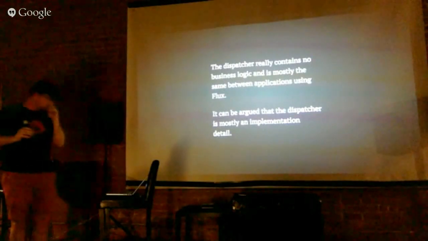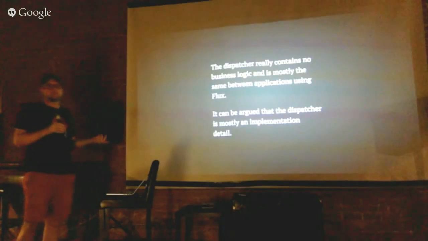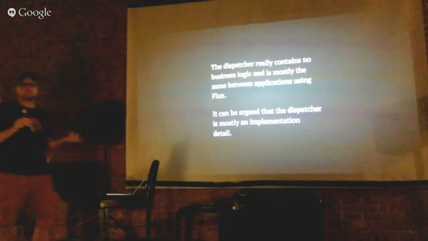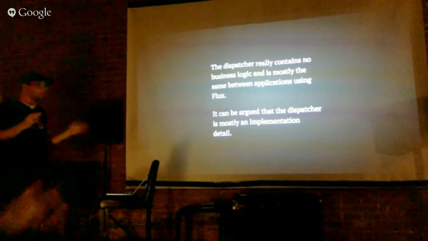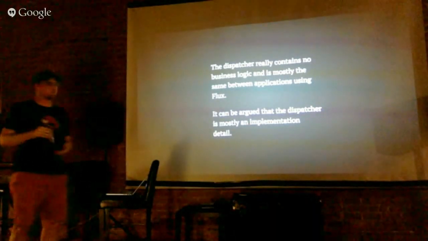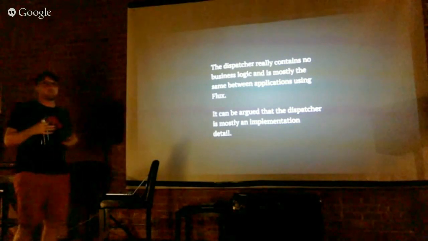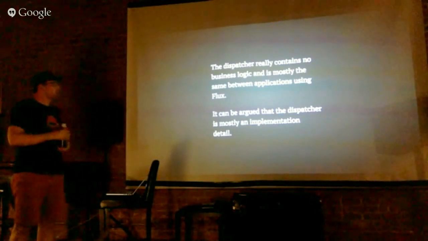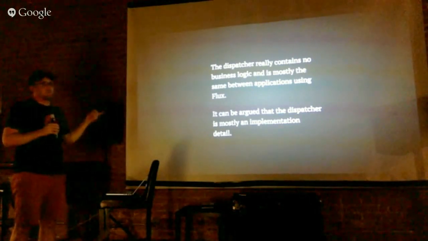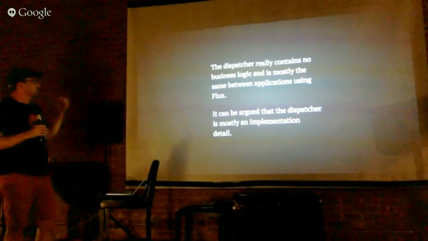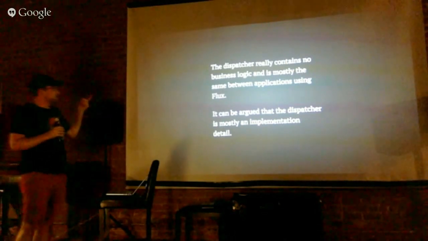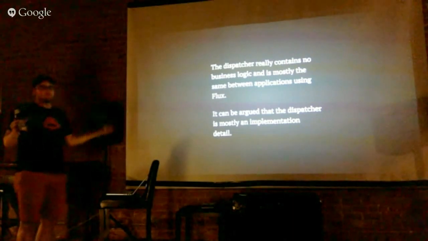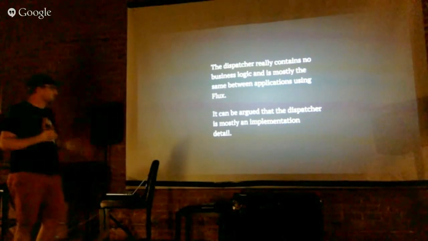Something I got hung up on when I was going through stuff is the dispatcher. I thought it probably shouldn't have been in the architecture because you could accomplish the same things without it. Luckily, other frameworks felt the same way, because there's no business logic in it, and it's mostly the same depending on the application, or you could do it slightly differently.